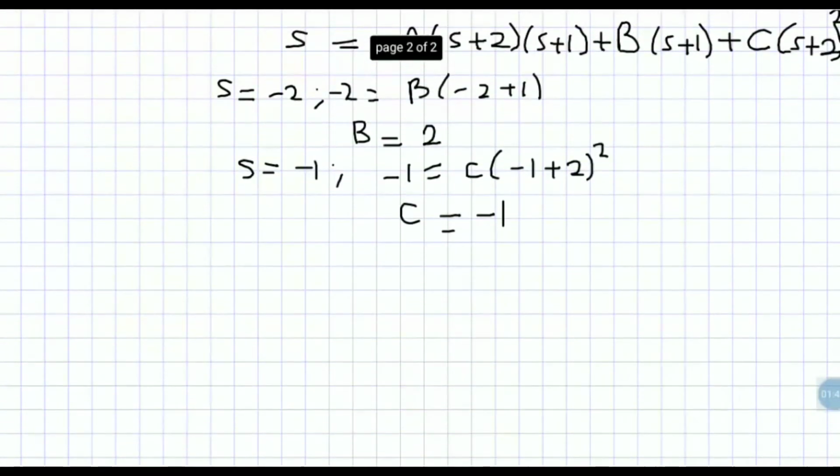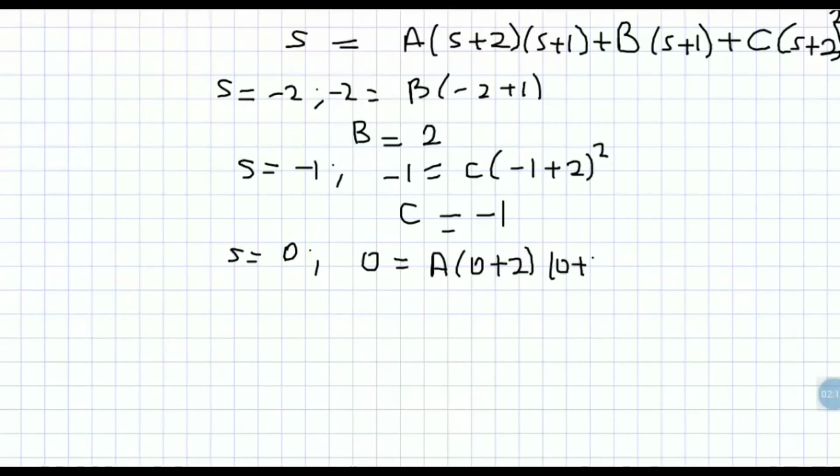And then if you equate s equals 0, then 0 equals, you can replace B and C in this equation. So you will get A(0 plus 2)(0 plus 1) plus B(0 plus 1) plus C(0 plus 2) squared.